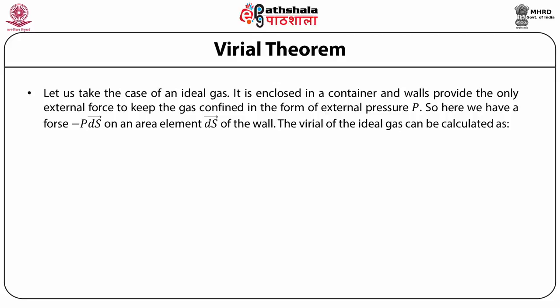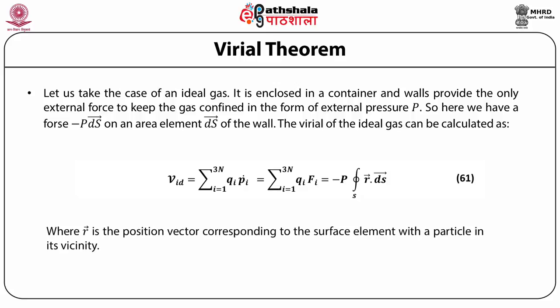The virial of the ideal gas can be calculated as V_ID equal to the summation over i equals 1 to 3N of q_i p_i dot, which is equal to the summation over i equals 1 to 3N of q_i F_i, which is equal to minus P integrated over the whole surface of r dot dS, where r is the position vector corresponding to the surface element with a particle in its vicinity.